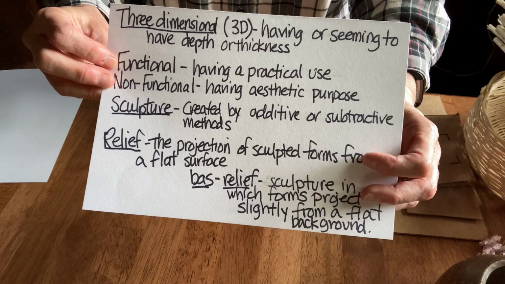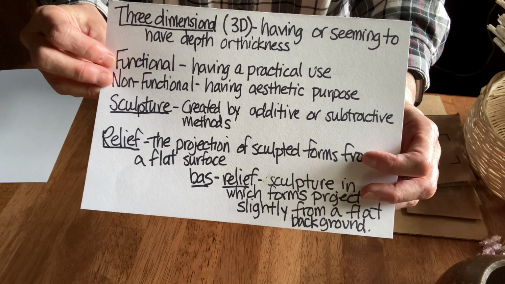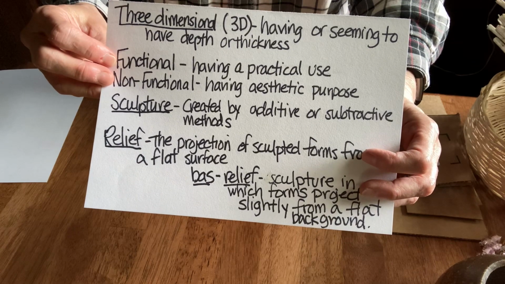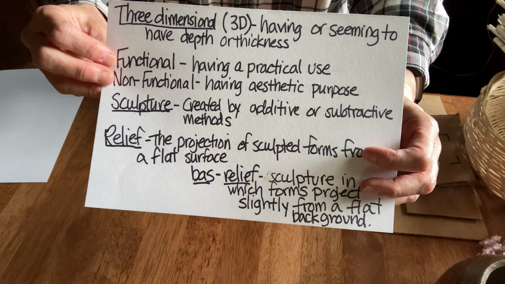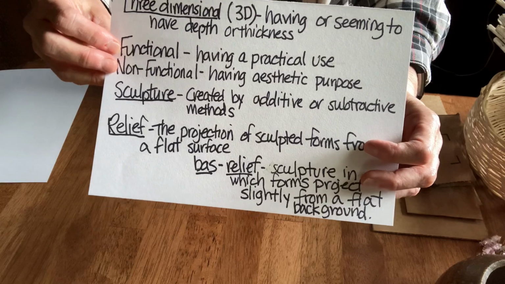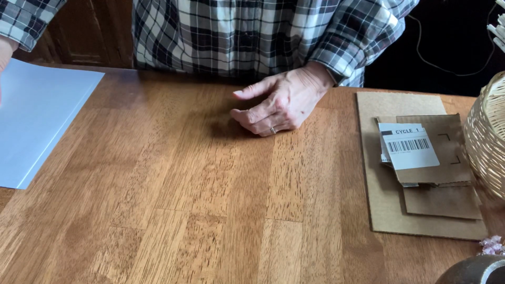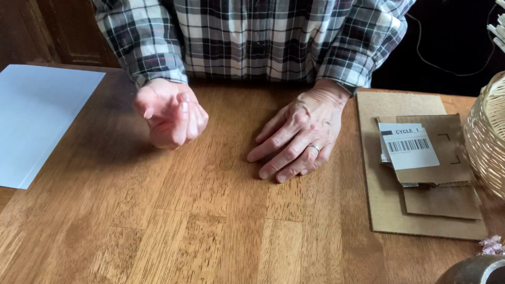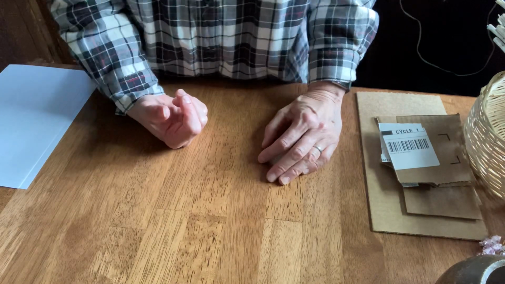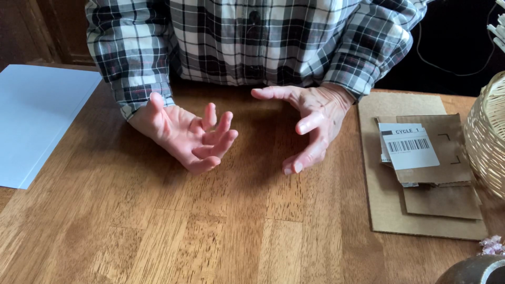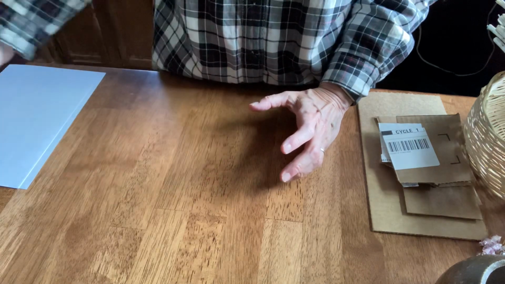A non-functional piece of art has more of an aesthetic purpose. That's a very, very simple definition. And remember that most sculptures or most three-dimensional art is created by either taking away from a surface, which is subtractive, or adding pieces together or adding to a surface, which is additive.